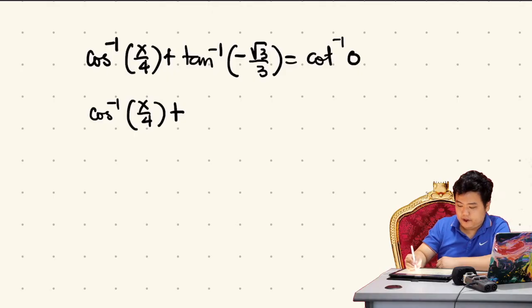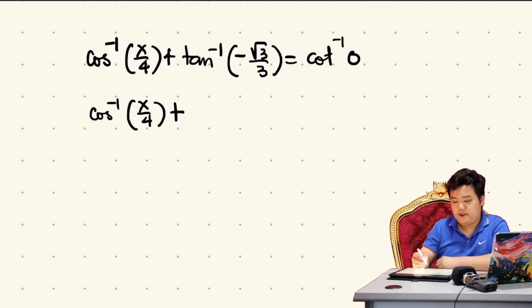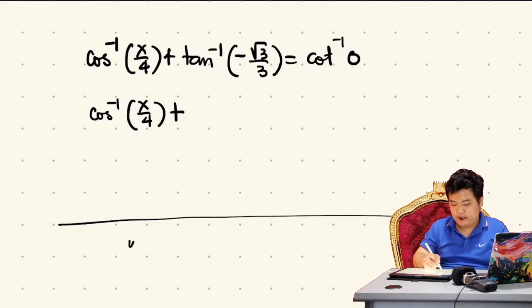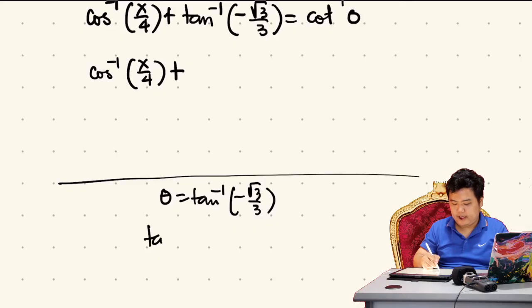Anong value nito? Tangent inverse negative square root of 3 over 3. Okay, so mag-scratch tayo ha. So, i-let natin na y or theta yon. Tangent inverse negative square root of 3 over 3. So, yung tangent pwede lipat sa kabila, magiging tangent theta is negative square root of 3 over 3.